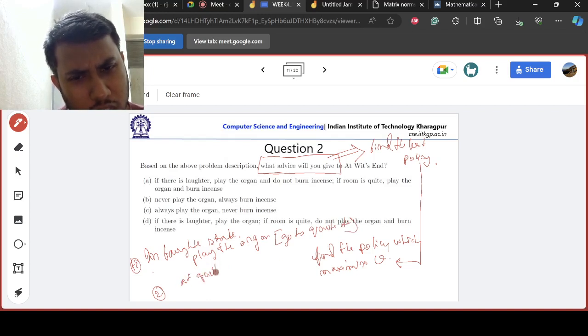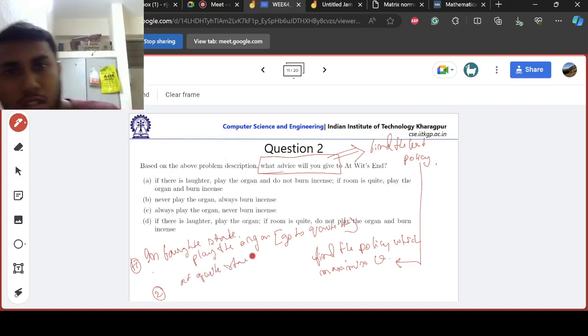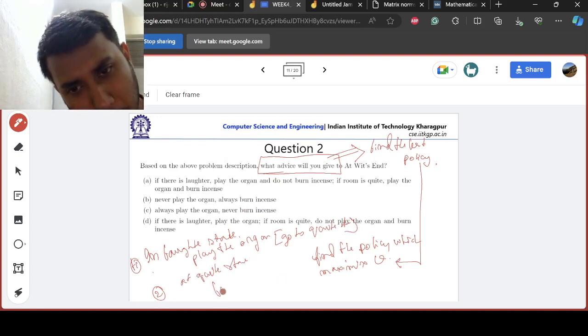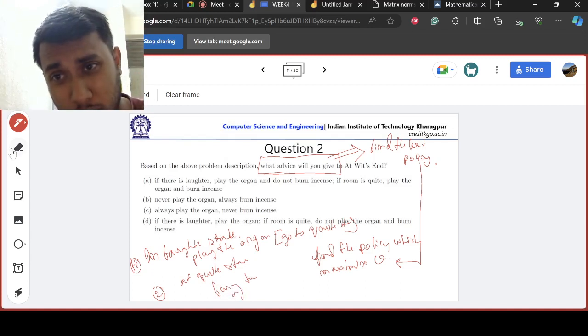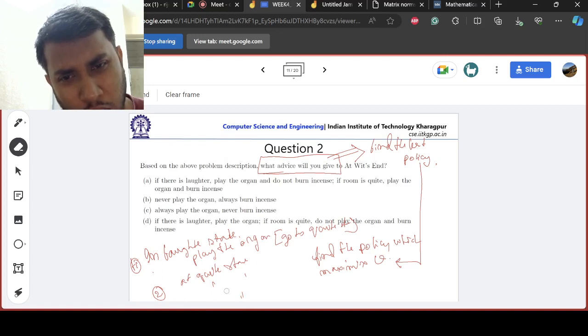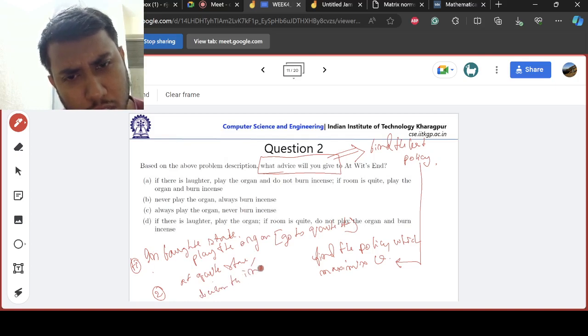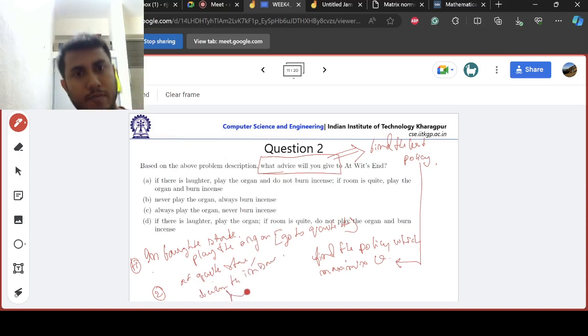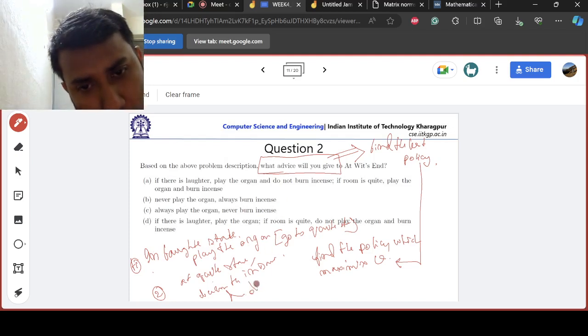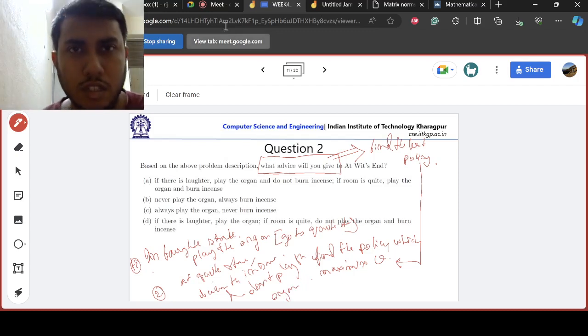At the quiet state, burn the incense and don't play the organ. Right. So that should be our policy.